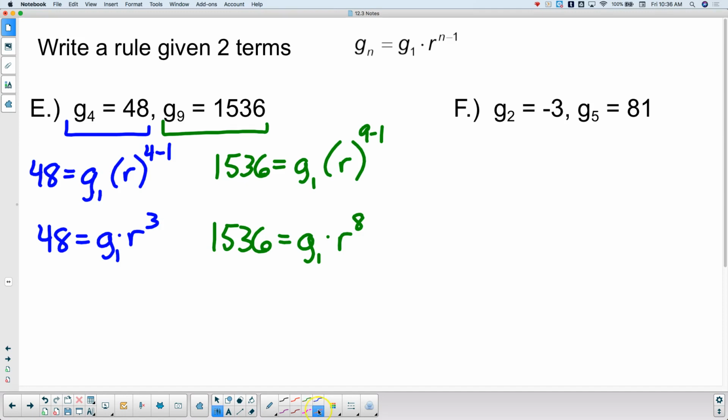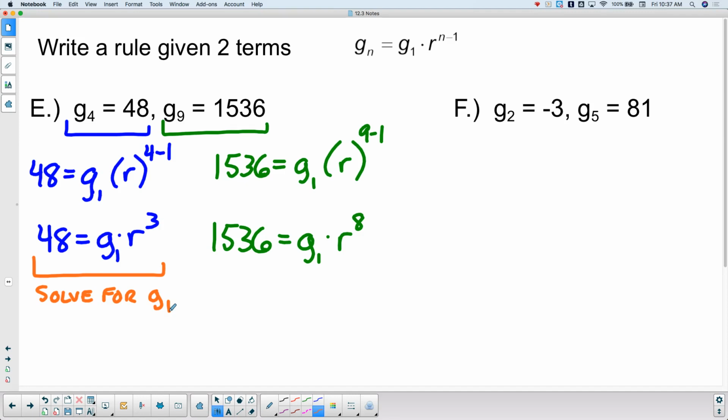So what I need to do instead is take one of them, and it doesn't matter which one, and solve for g sub 1.